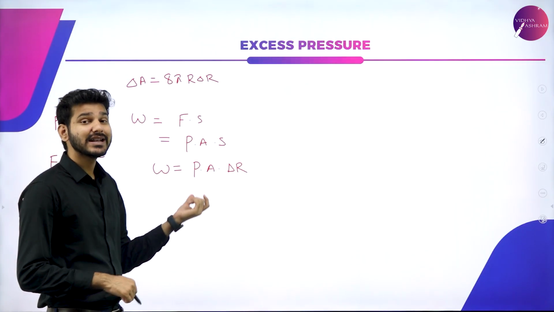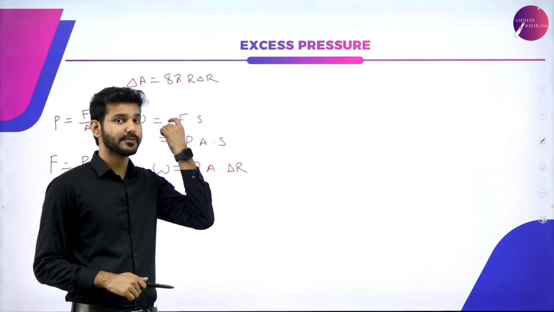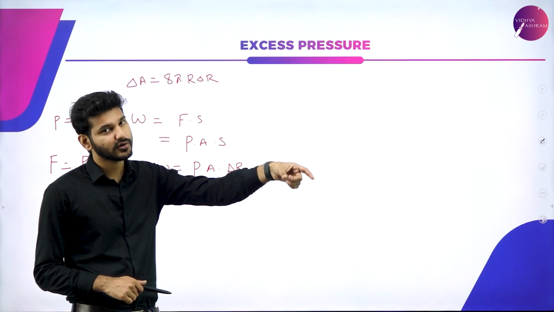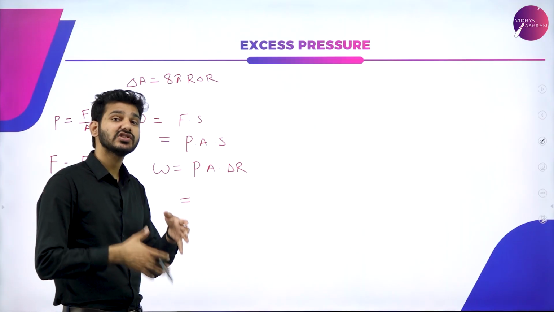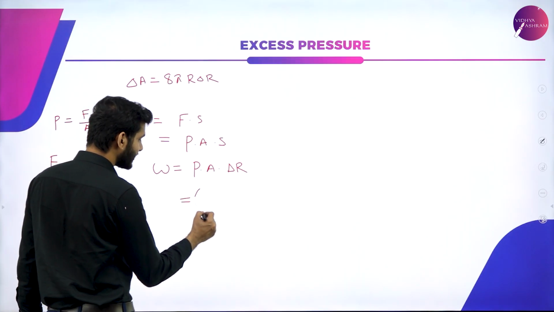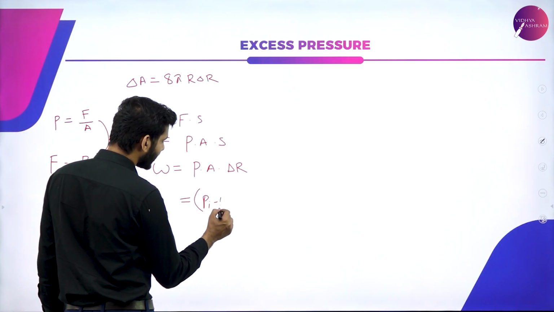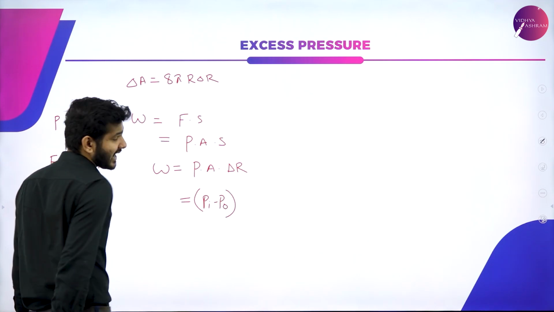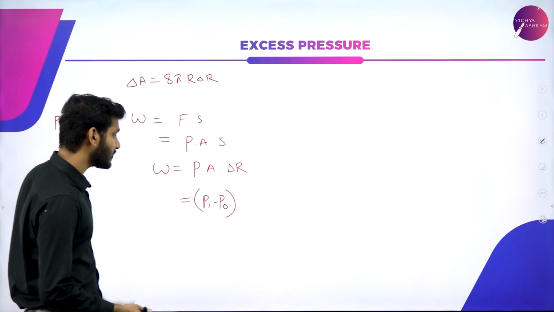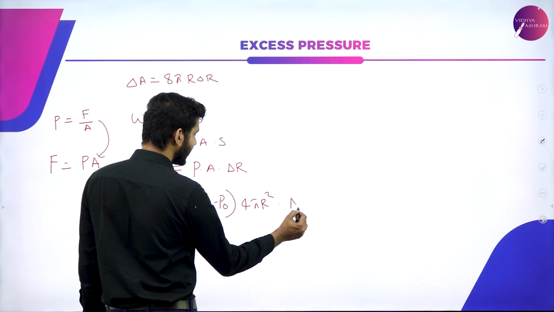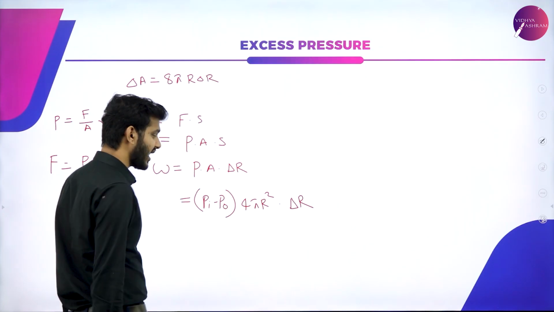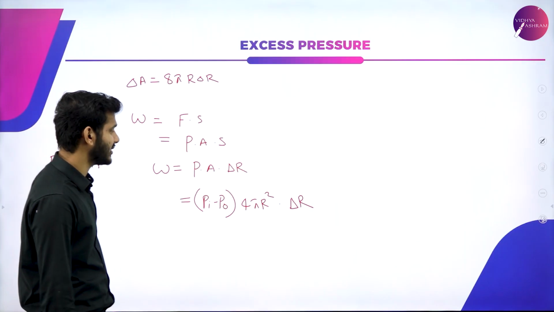Pressure is the excess pressure, pressure inside minus pressure outside, indicated by Pi − Po. And area we already know, that is 4πr² into Δr. So we have this equation right here.